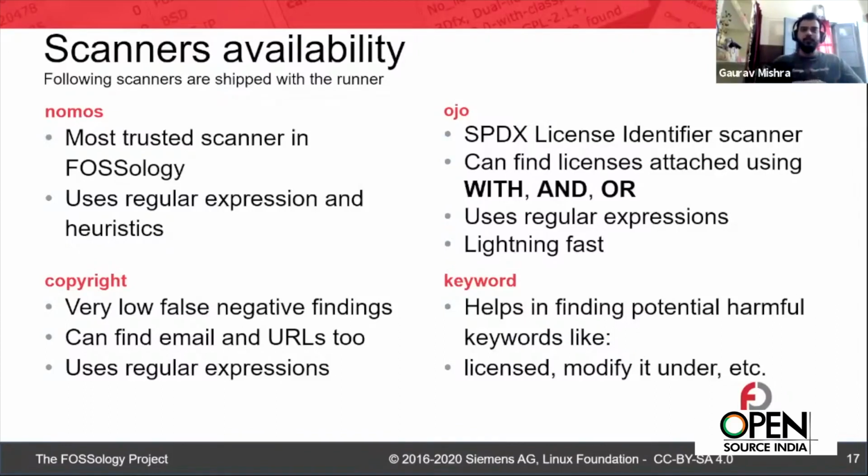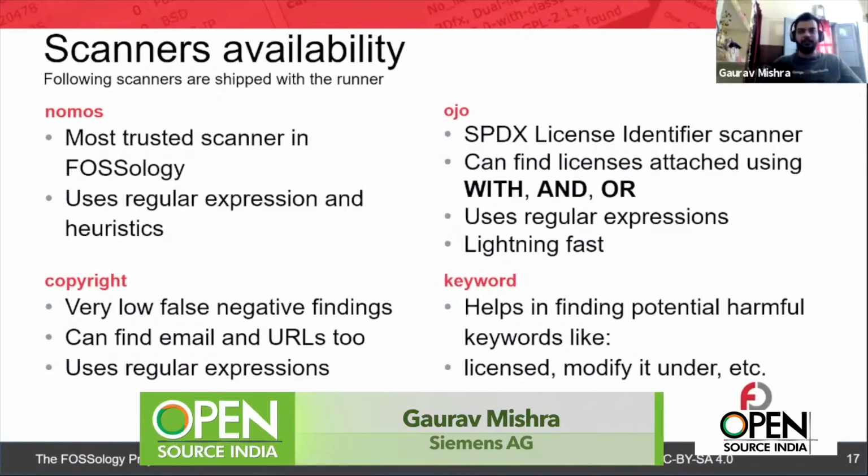Then you have the Ojo scanner, which is again a license scanner, but is limited to SPDX license identifiers. It uses regular expressions, but has the ability to understand the with and the or conjunctions used by SPDX identifiers. And since it uses regular expressions, it is lightning fast.